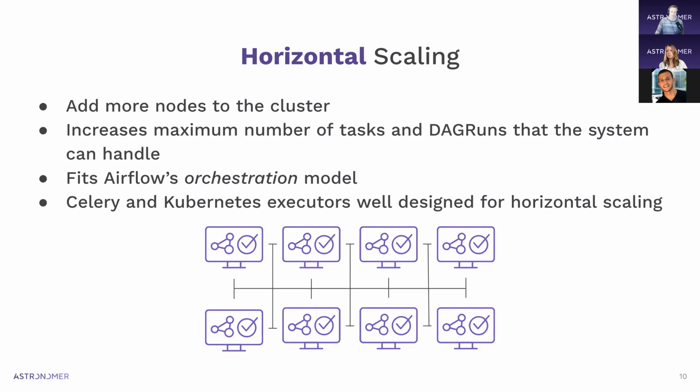What I mean by that is as we move from 100 tasks to 10,000 tasks to 100,000 tasks a day, we need more space to be able to hold all those and run all those. And so when we talk horizontal scaling, this is a perfect fit for Airflow's orchestration model, because as an orchestrator, along with many other roles that Airflow plays, a lot of the time we're conducting the orchestra rather than playing the individual instrument.